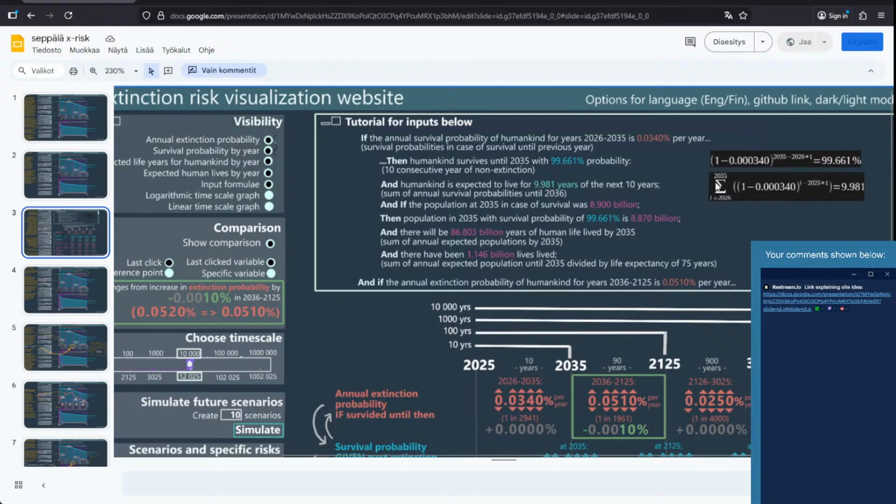If you have this 0.034, this shows how this survival rate is calculated, how these two are connected, and also here in text form.